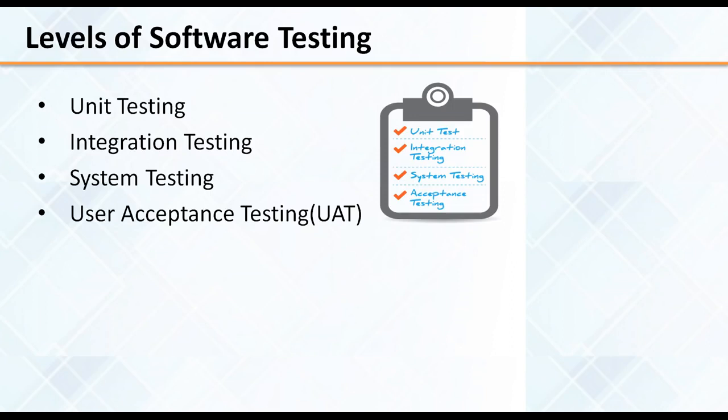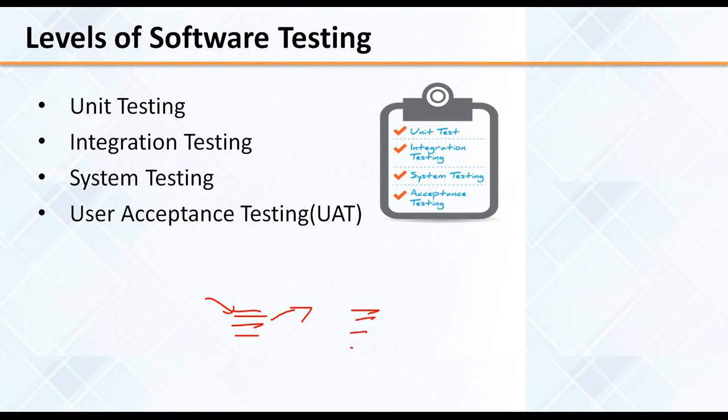So the developer will write a program, and he will test this program. He will give certain inputs and check whether the proper output is coming or not. So that is unit testing. Integration testing is, suppose there are multiple programs like this.